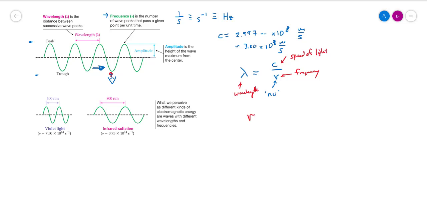In other words, we could write this as the frequency being the speed at which that's moving divided by its wavelength, which makes sense. The speed at which it's moving divided by how far apart those troughs are completely dictates how frequently you see the trough or the peak move in front of your eye.